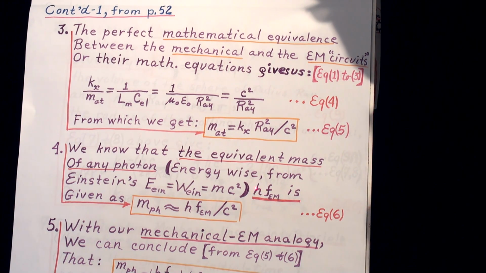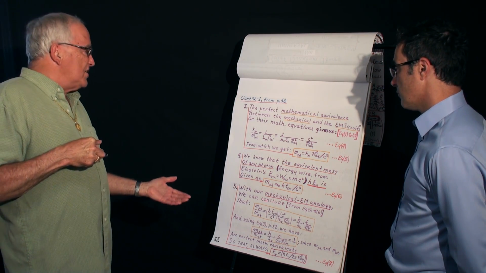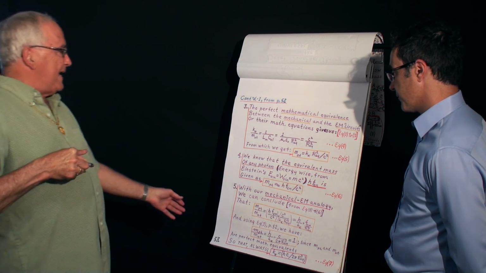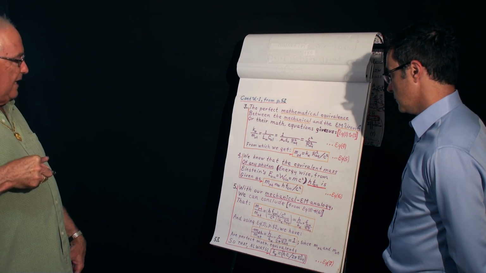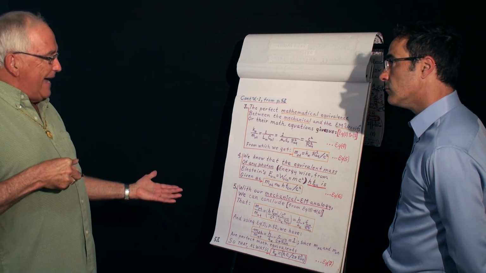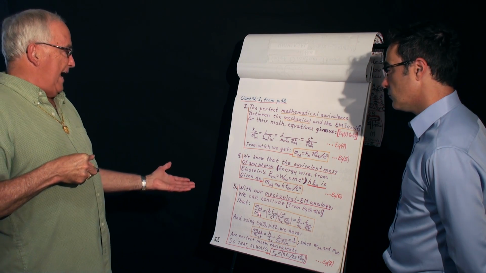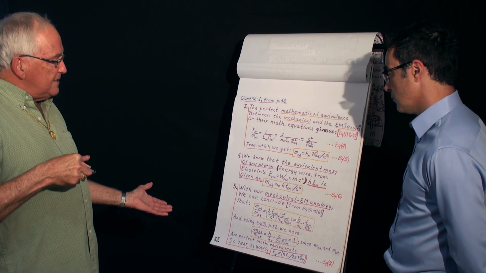And hf is the energy of any photon. So the mass, let's say the virtual mass of a photon, could be the energy, hf, divided by c squared, because energy is mc squared. So when you use that, with our mechanical EM analogy, we can conclude from this equation that the virtual mass of a photon divided by the atomic, mechanical equivalent mass gives these values.